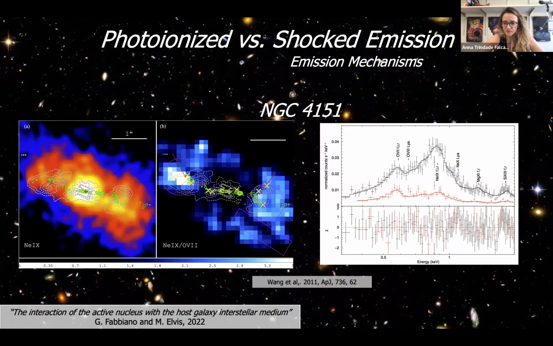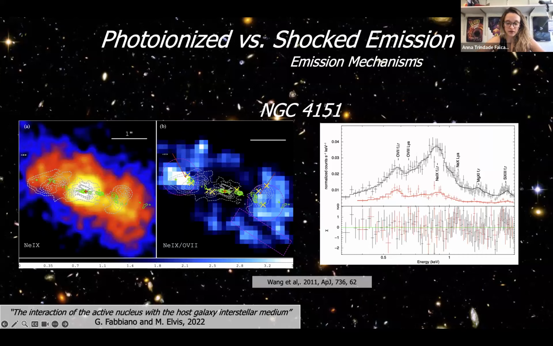So what is being done related to photoionized and shocked emission in nearby Seyferts has shown that the thermal emission that they detect seems to be dominated in regions of strong interaction of the radio jet.